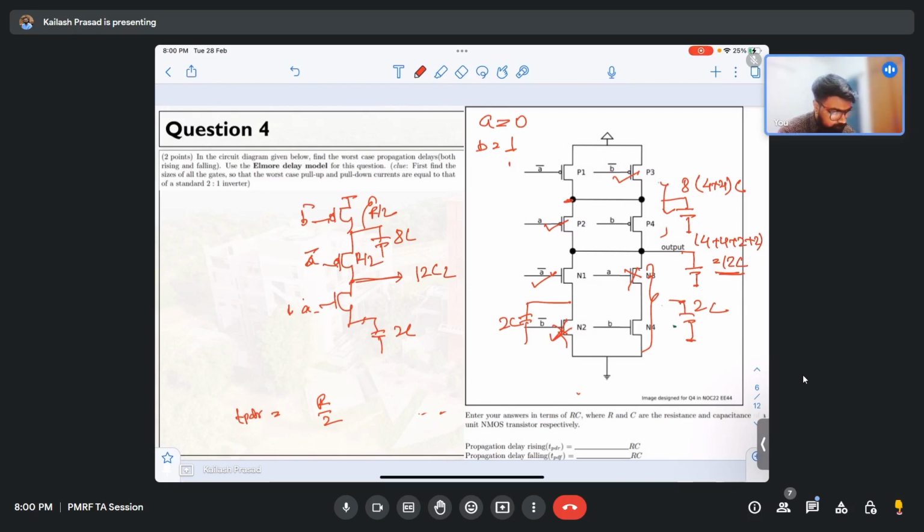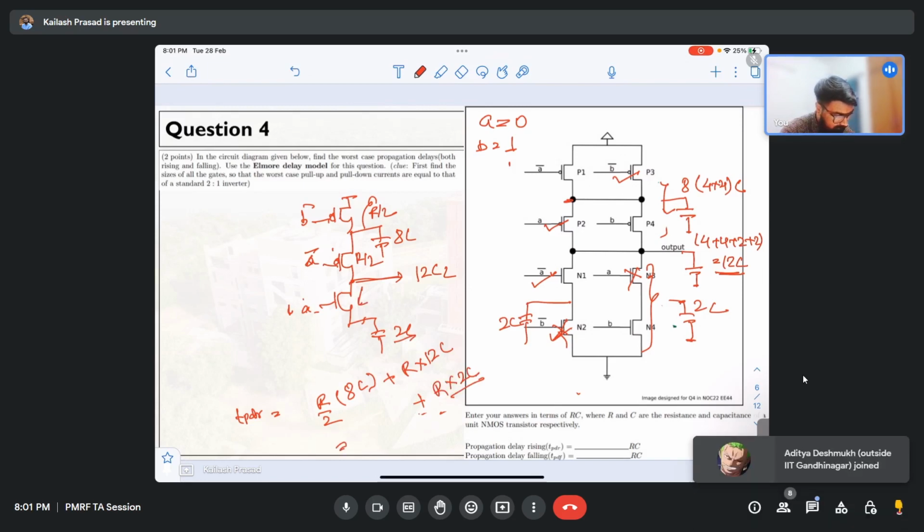So R by 2 times 8C. Then R by 2 plus R by 2, so this R by 2 plus this R by 2, R times 12C. Plus the downward path is R times 2C, R times twice C. So this will be 4 plus 12, 16 plus 1 plus 2, 18 RC.